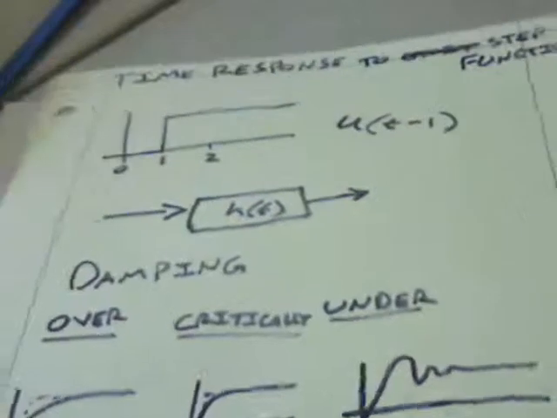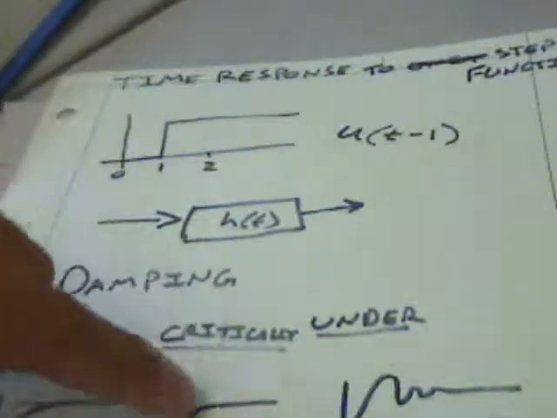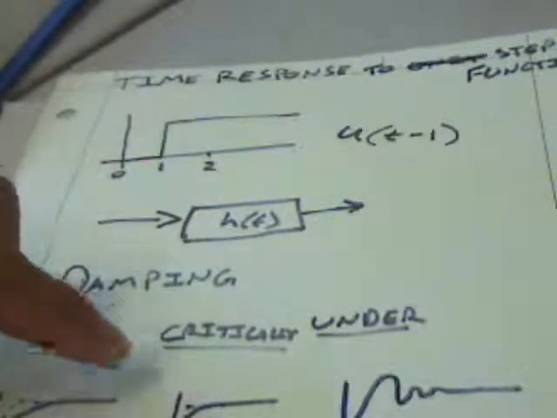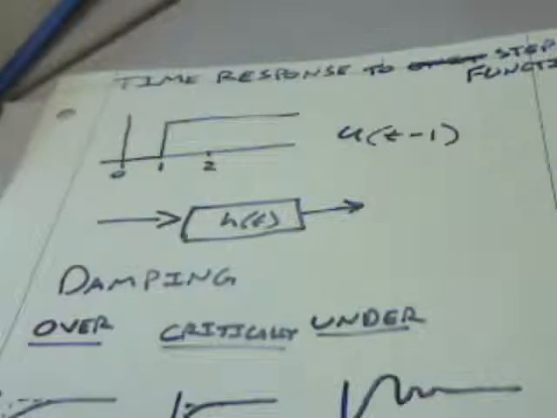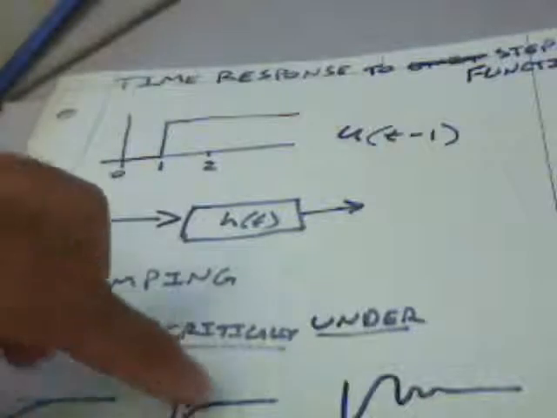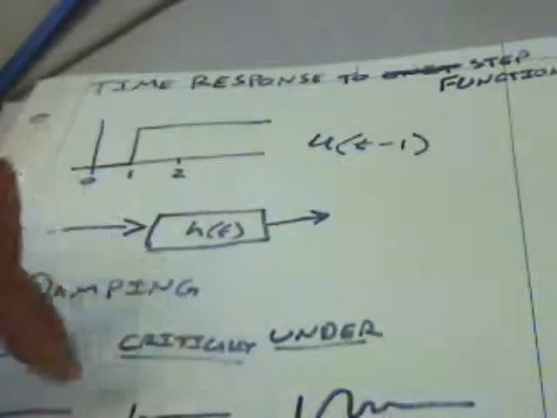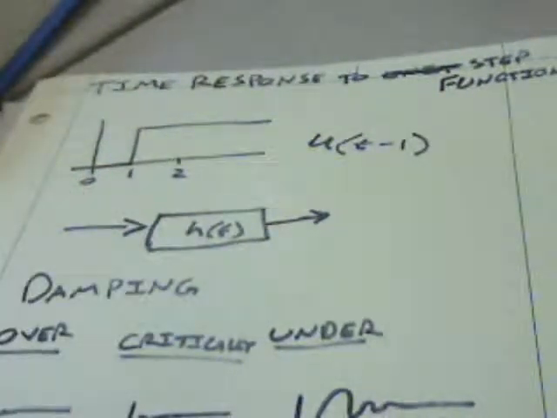Critically damped is really an ideal point, and we don't talk about it too much because, maybe it happens, but it's not something that we usually try to control right at that point, or maybe we try to but we don't achieve it. So we won't talk too much about critically damped.